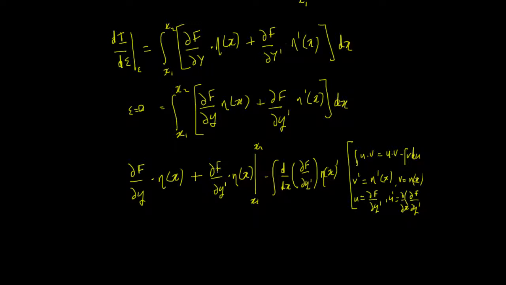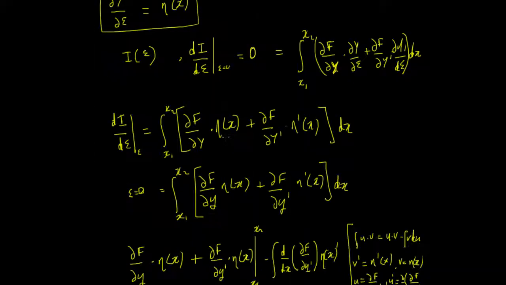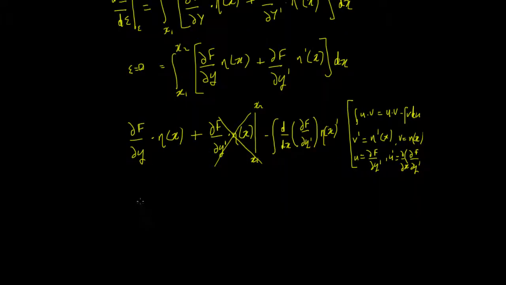Now this first term would be 0 because eta of x is defined as 0 at x1 and 0 at x2. So this term would disappear and you would be left with this term here. That's actually, I made a mistake there, that's not the derivative of that one, that's partial x. You'll notice that if you check through the working.